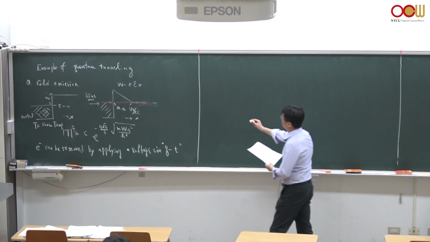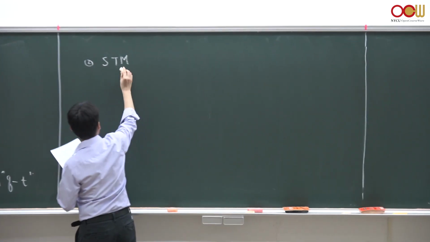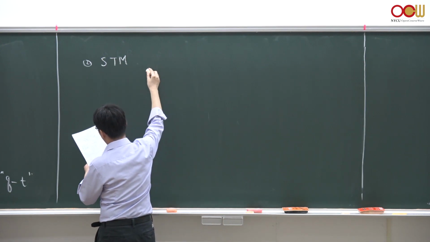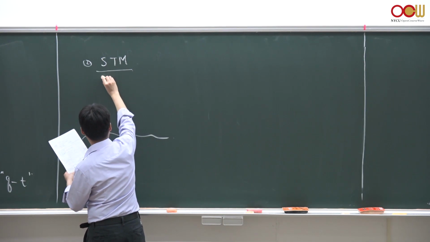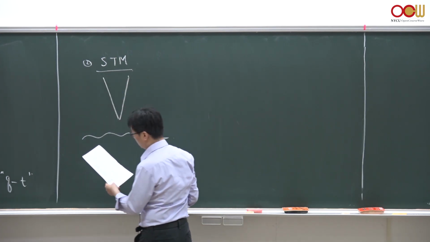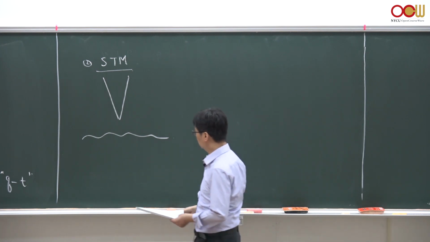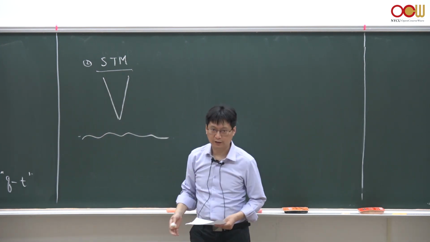Okay, so the second example, which is more well known, is the STM, the scanning tunneling microscope. This is the equipment that allows us to probe the atomic surface of materials in a very accurate way without much effort and damage.